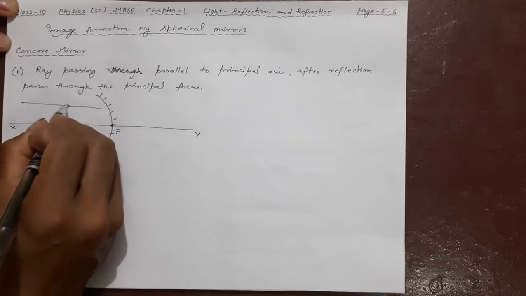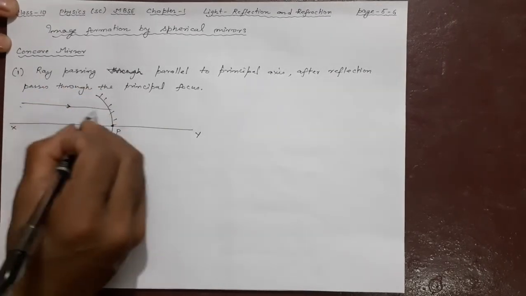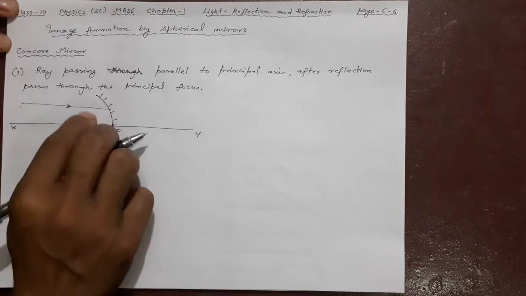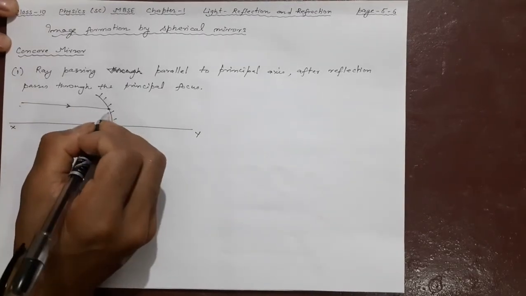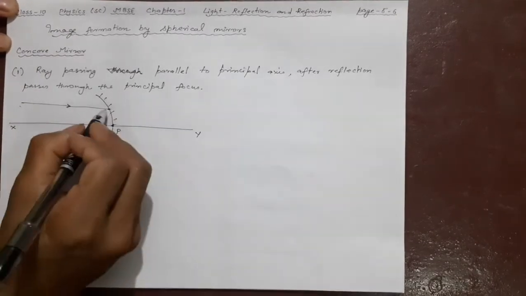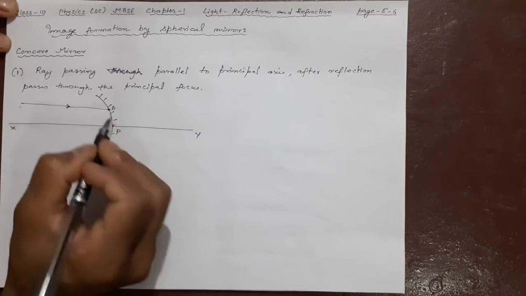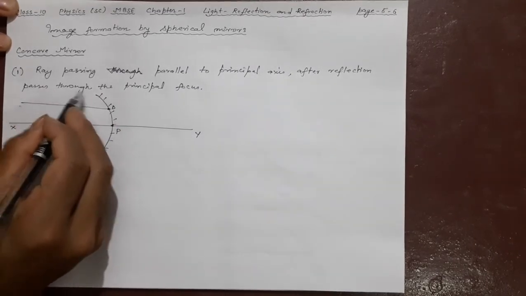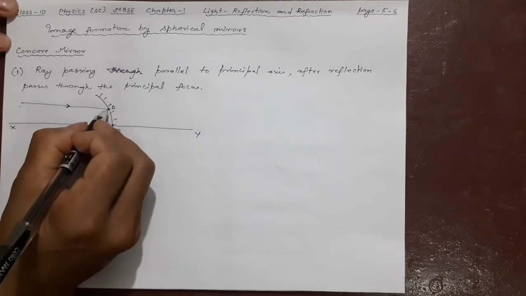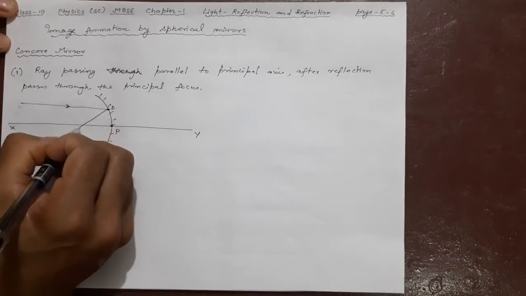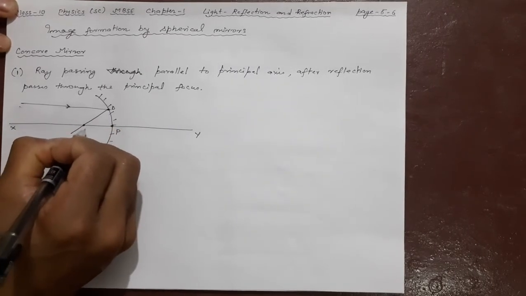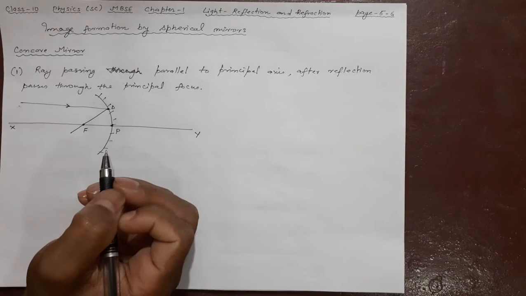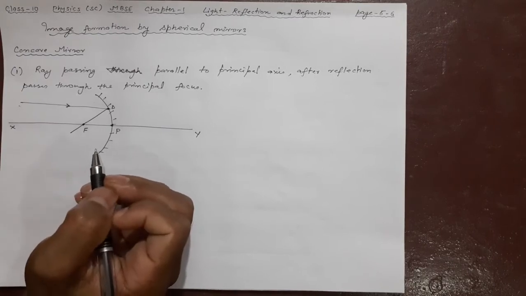If the light ray is passing like this, parallel to the principal axis, you can see these are parallel. Then it says that after reflection, that is, after hitting it here, what happens? It passes through the principal focus. So when it hits, it comes back, and when it goes, it has to pass here. This is the rule. That's why in the previous diagram also we were drawing like this. You have to know this in order to make images. This is the first rule.